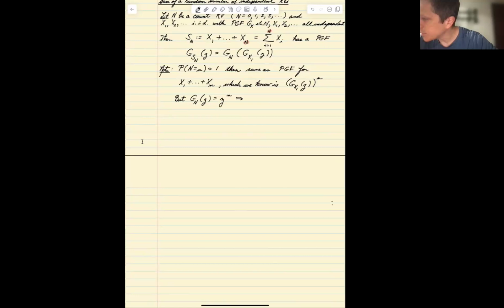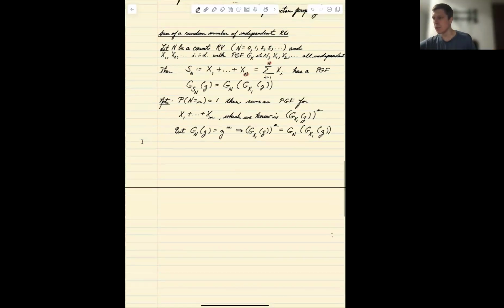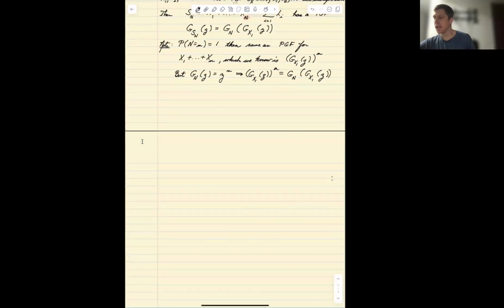So this means G_X1 of z to the power n is the same as G of N composed with the generating function of X1. That's consistent with our theorem, but here we have a more general relationship where we allow N to be an arbitrary count random variable. So how do we do this?